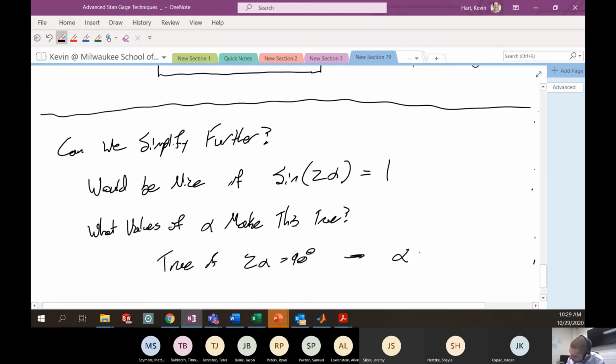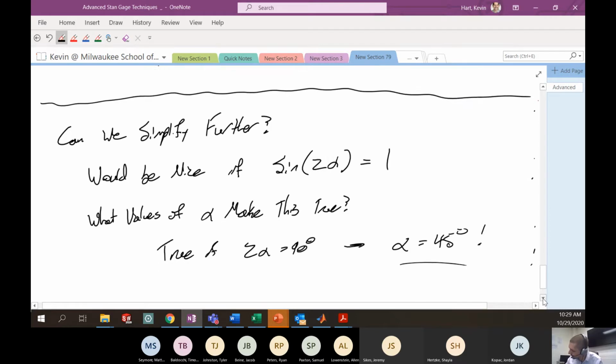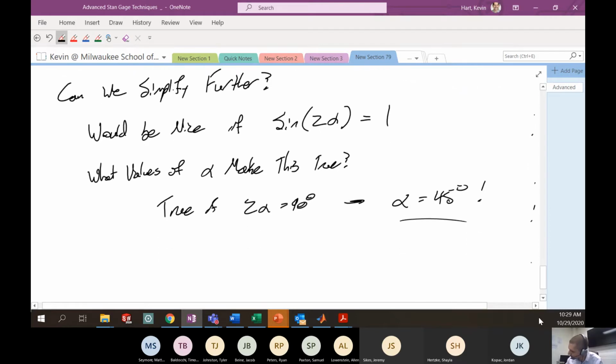So it's true if alpha is equal to 45 degrees. Okay. So in this special condition, where you have 2 gauges that are aligned at plus and minus 45 degrees with some axis of interest, the shear strain at that particular point is just equal to the measurement of gauge number 1 minus the measurement of gauge number 2. That's pretty awesome.